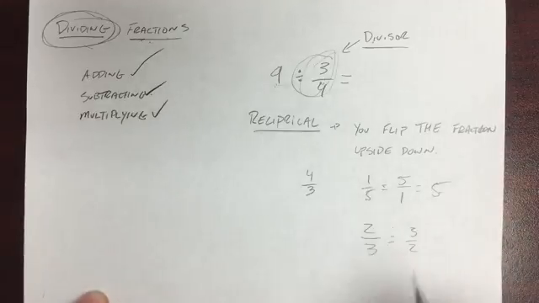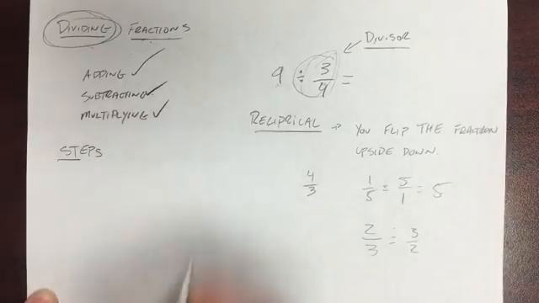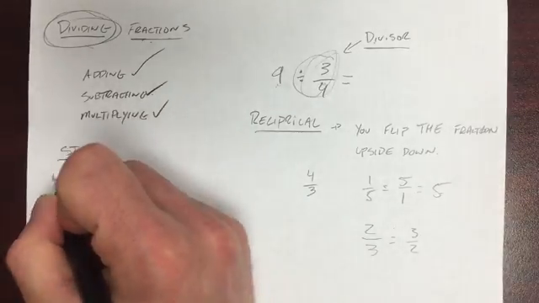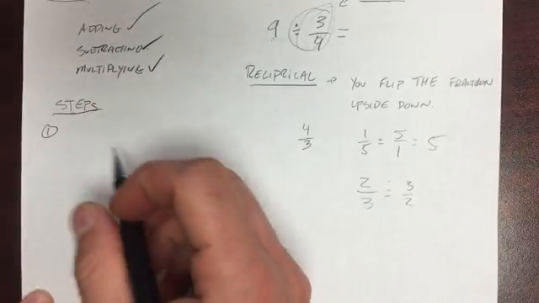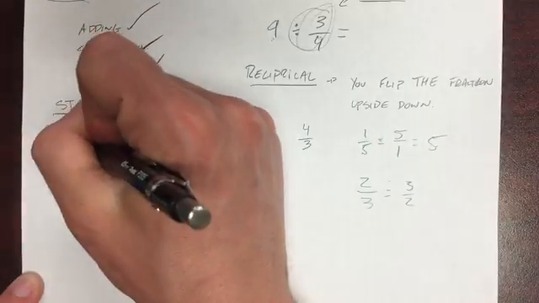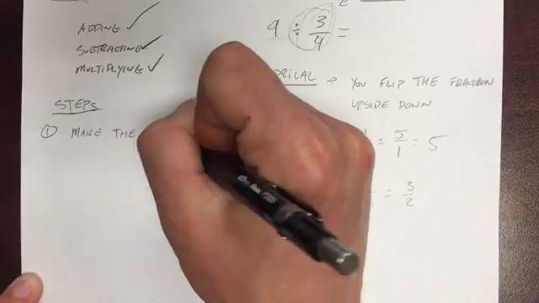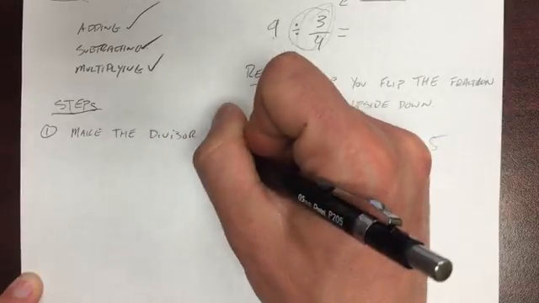So what we're going to do, we're going to write some steps here. Step 1: make the divisor its reciprocal.